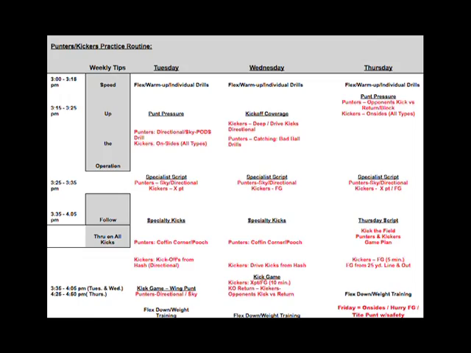They are actually warming up. Most of my punters and kickers come out even before practice and they do some stretching and some of their favorite drills, and not only just the drills that I ask them to do. If you notice, before they leave the field, they must warm down. They go through a complete stretching, and they do that with one of our assistant trainers. And I check in with them to make sure that they have done that.